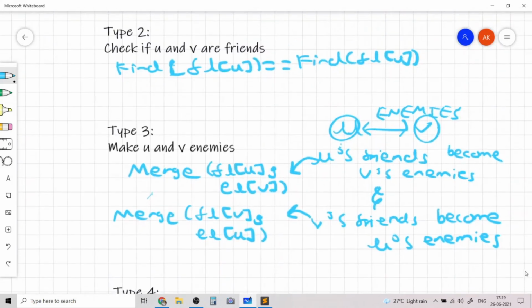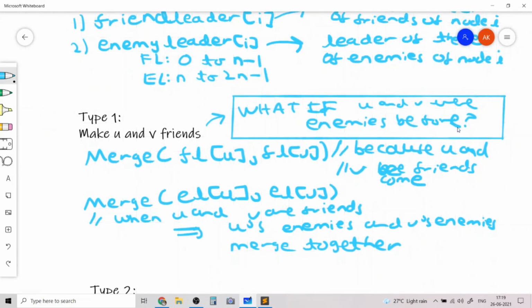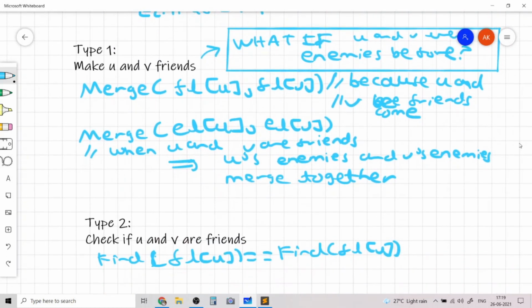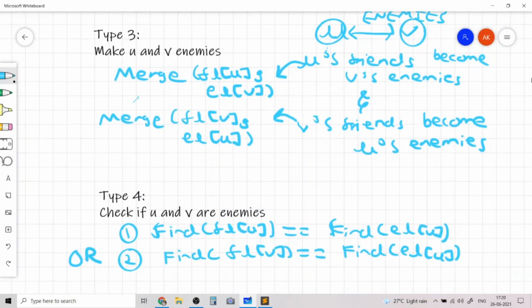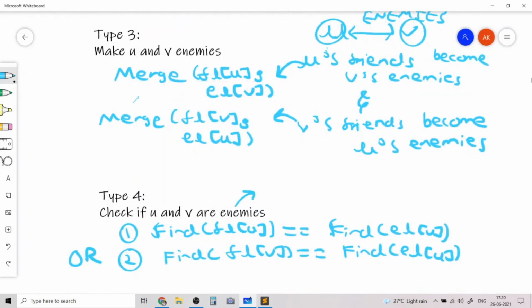Let's say the function named check friend U and V does the following: it returns whether find of U is the same as find of V. And similarly, check enemy, which is actually the same as the type 4 query, does the following two lines. It basically returns this or this.